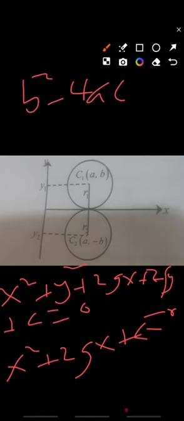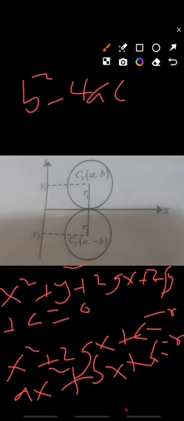Now, when this equation is compared to the general quadratic equation, ax squared plus bx plus c is equal to 0, we can establish that b is equal to 2g, and a is equal to 1.